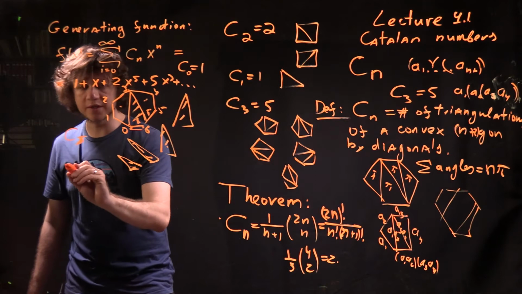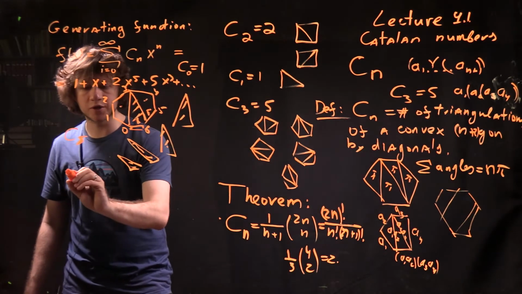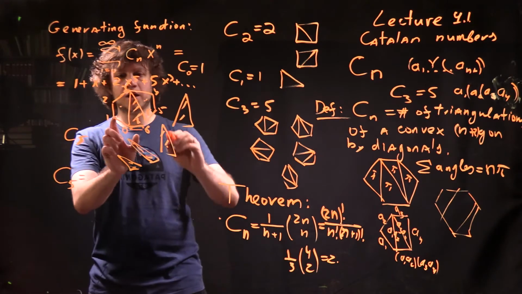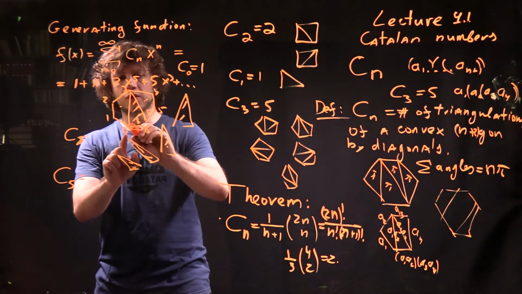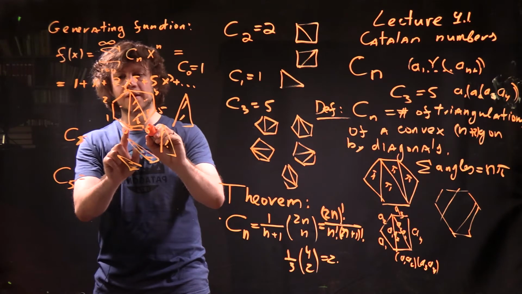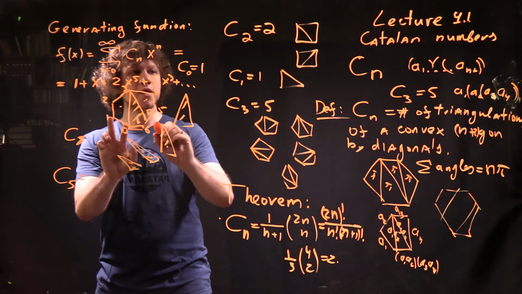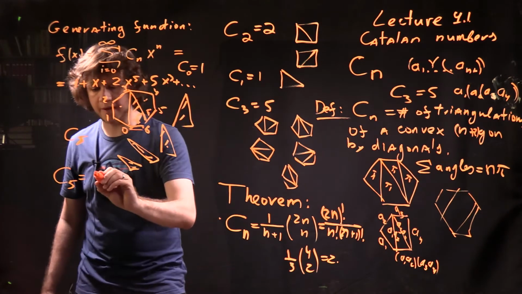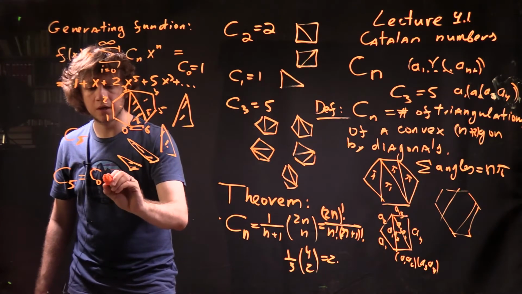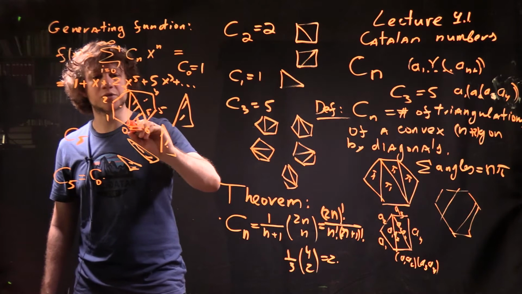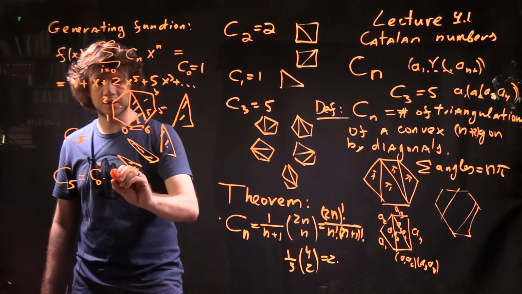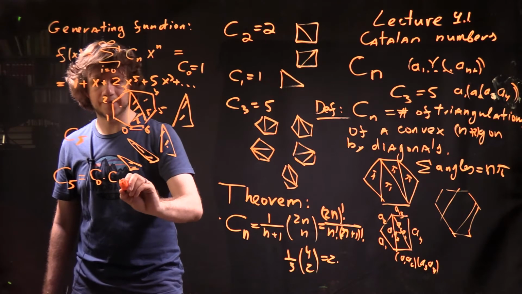And this, of course, leads immediately to the recurrence relation, which is, in this case, C_5 equals: if I choose the 0, 1, 6 triangle, then there exists a unique way to triangulate the 2-gon 0, 1, which is basically empty, and this is C_0. Then we multiply it by the number of ways to triangulate the remaining part, which is a 6-gon, C_4.